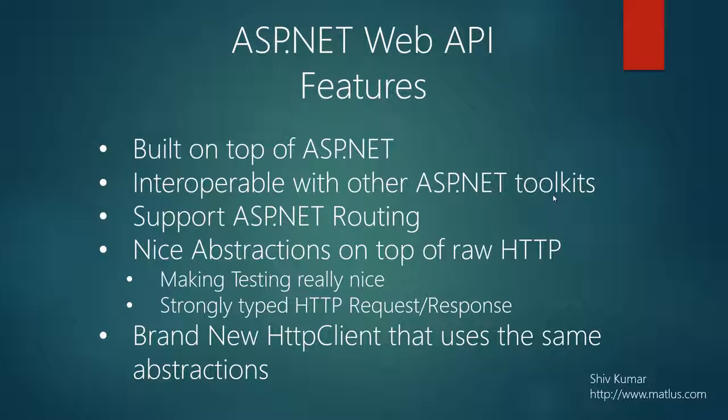In other words, rather than dealing with the raw HTTP protocol directly, which you can do with the ASP.NET framework or Web Forms or MVC or even the Web API, the idea is to abstract us from having to work with the raw HTTP objects and rather work with an abstraction that looks very similar to the HTTP request and response, but yet are just simple, plain old C# objects, such that they're easily testable as well as completely disconnected from the actual HTTP aspects of the underlying ASP.NET framework.